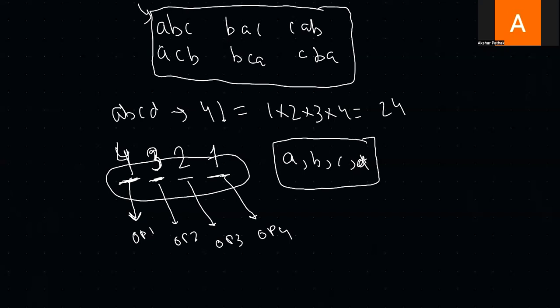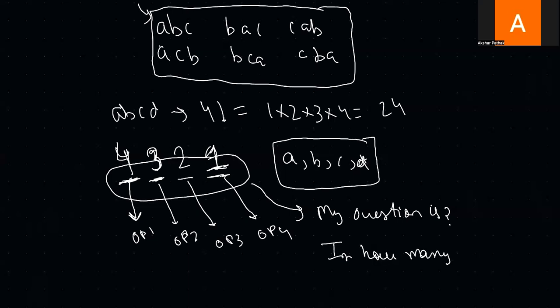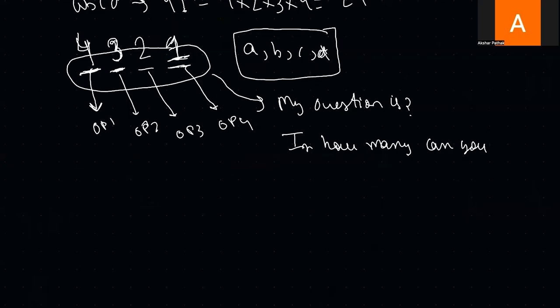So you are performing operation 1 and it has 4 ways. Operation 2 has 3 ways. Similarly, operation 3 has 2 ways, and operation 4 has only 1 way. So my question is, in how many ways can you perform all 4 operations?